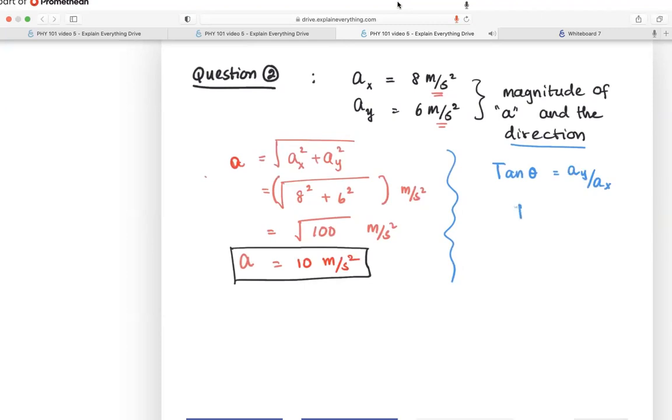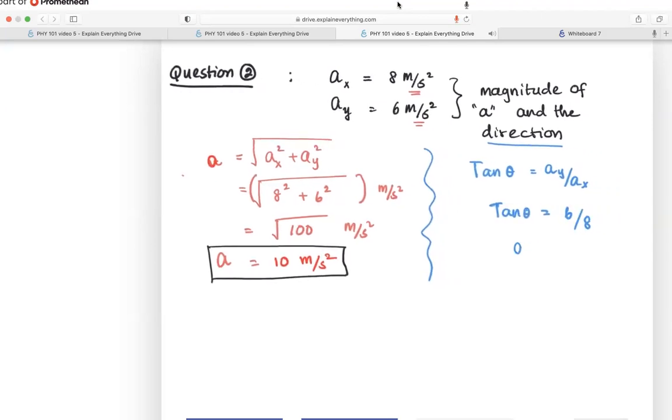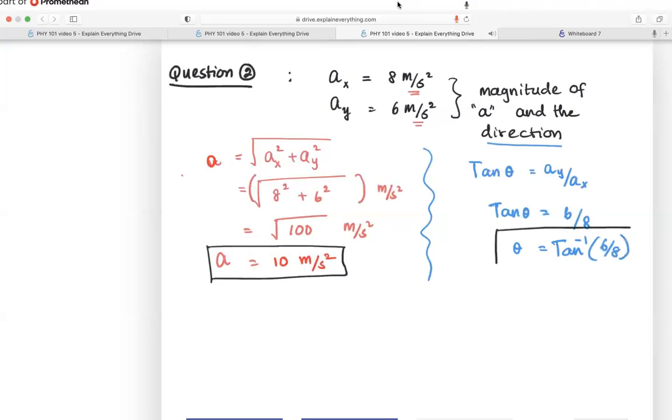So tan theta equals, what is ay? 6, and ax is 8, and theta is the inverse of tangent of 6 over 8. You can use your calculator and finish up this work, and that gives the final answer for the direction.